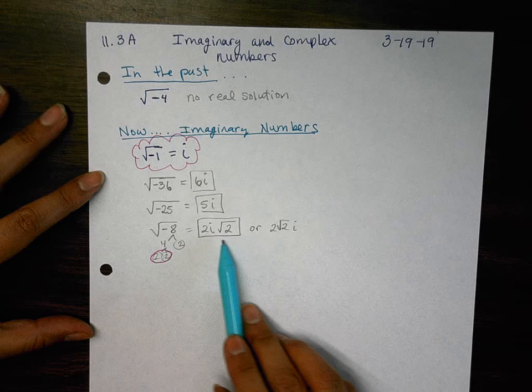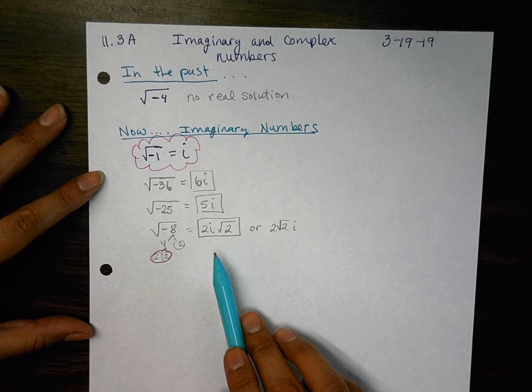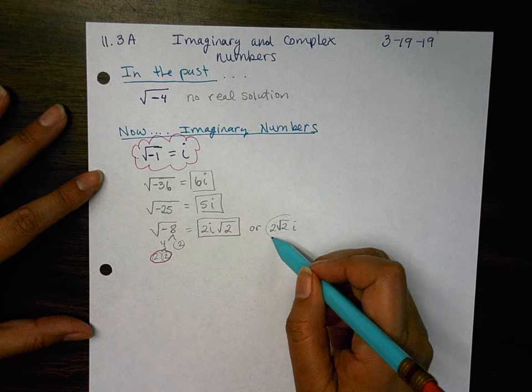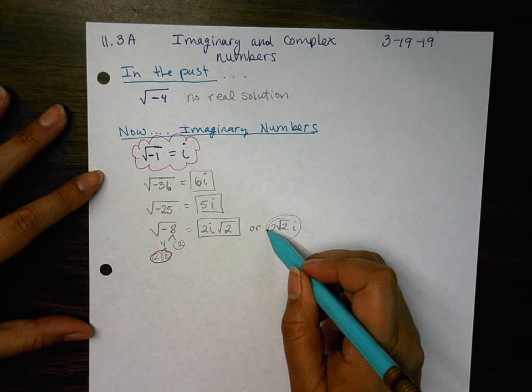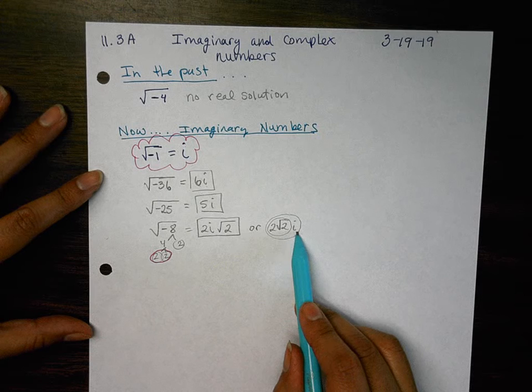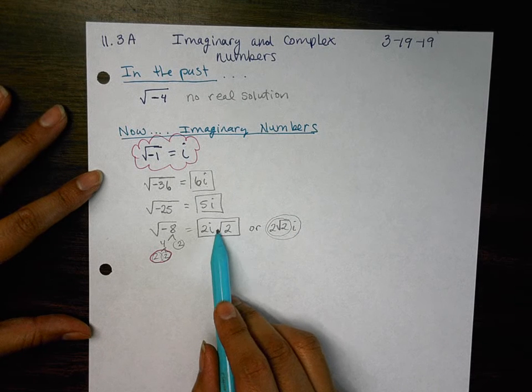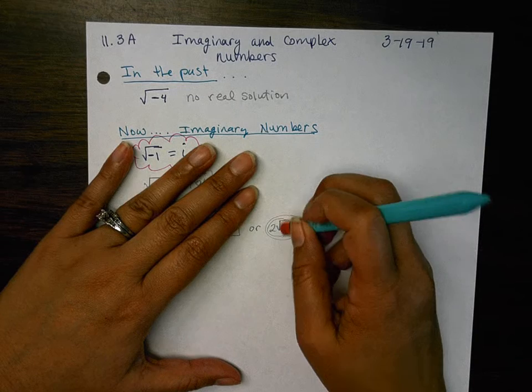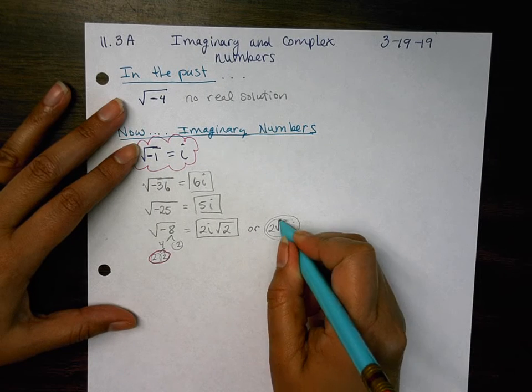Is 2i root 2 and 2 root 2i the same thing? Yes, technically this is the mathematically correct way. Your real number comes first and then the i, 2 root 2, i. The reason I want you to write it this way is because sometimes kids get too messy with this and they write it like that.